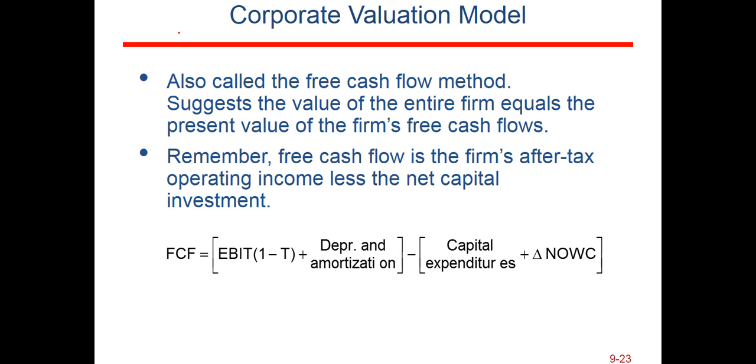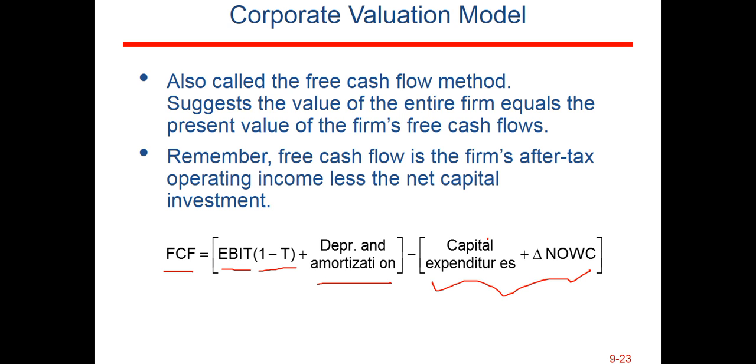The next piece I want to cover is the corporate valuation model, where you calculate free cash flows to the firm, which is earnings before interest and taxes multiplied by 1 minus the tax rate, plus the non-cash charges, depreciation and amortization, minus the cash flow for operations and capital expenditures, the net change in net operating working capital and capital expenditures.